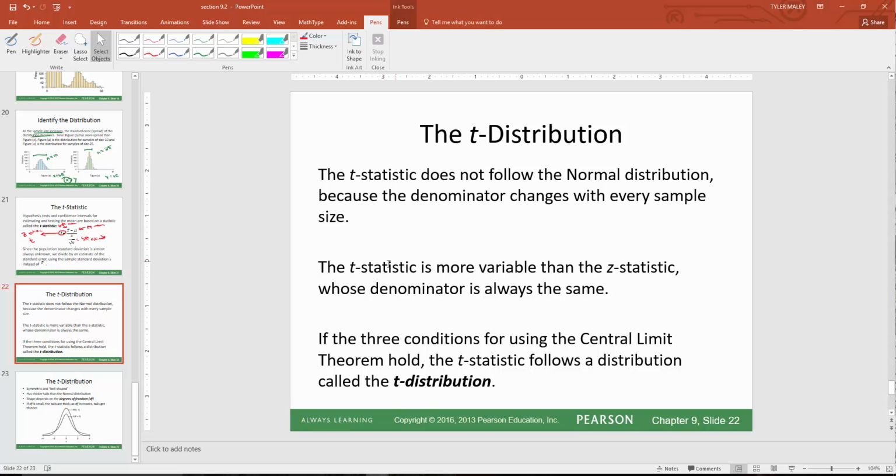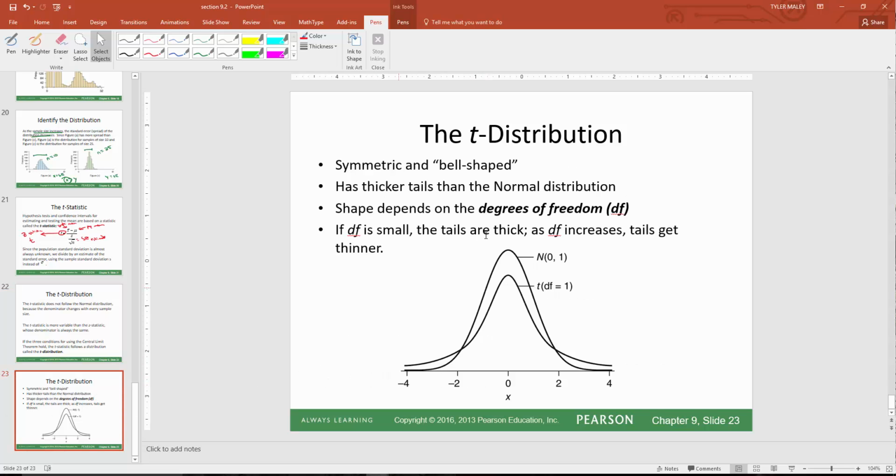So the t statistic is more variable than the z statistic, right? We have more variation, right? With the z statistic, my denominator is always the same. So if my three conditions hold for the central limit theorem, it follows that the t statistic follows a distribution called the t distribution, right? So on the next slide, we get to see what the t distribution is.